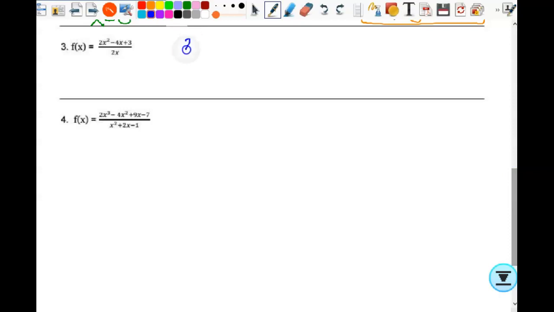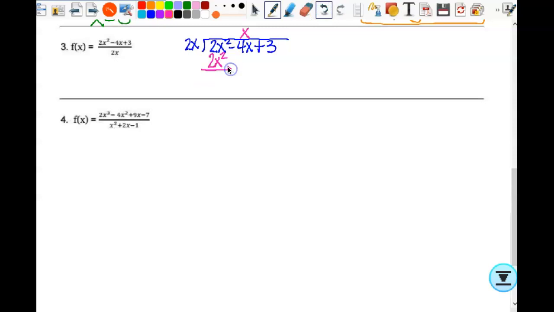So I've got 2x on the outside. On the inside, I have 2x squared minus 4x plus 3. All right. So 2x squared divided by 2x is x. So this gives me 2x squared, plus nothing.